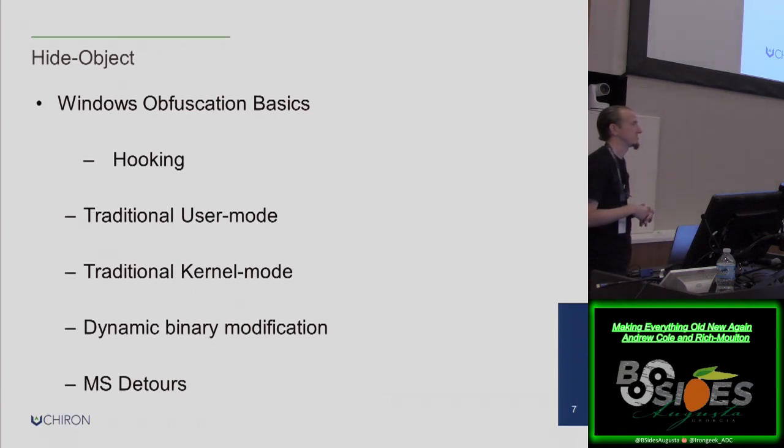So in the 90s, people were doing this user mode hooking, kernel mode hooking. It was all the rage, all the cool kids were doing it. And somebody figured out what was going on, and they wrote a paper on it, dynamic binary modification. Basically, you take a program that's running, you change it while it's running, and then you get to do other things.